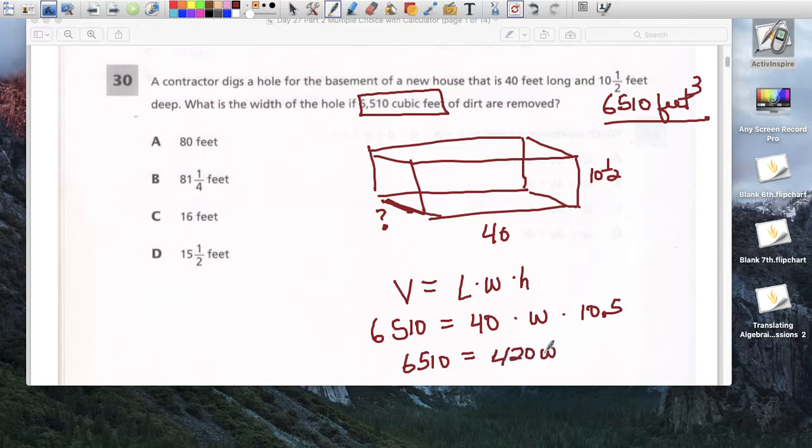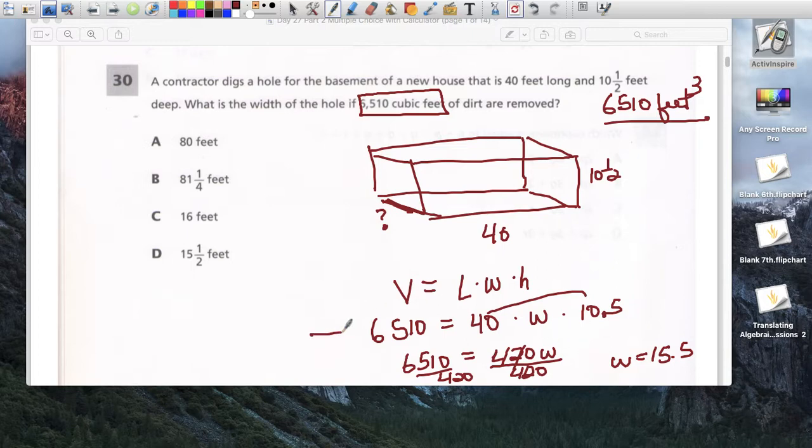Our W is still there, right? Now, what can we do? It's a one-step equation. We can divide both sides by 420. If you have a calculator, I suggest you use it. 6,510 divided by 420. That's going to give us that our width is 15.5.